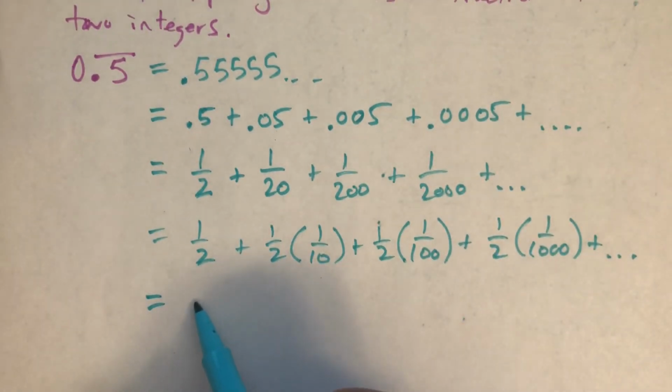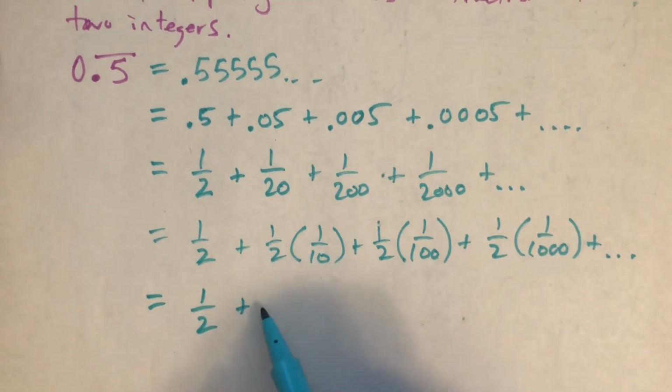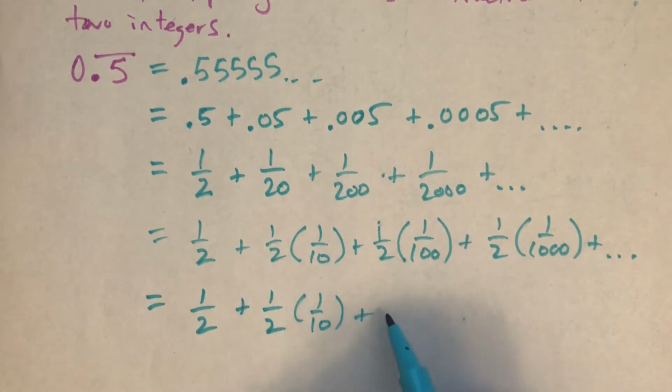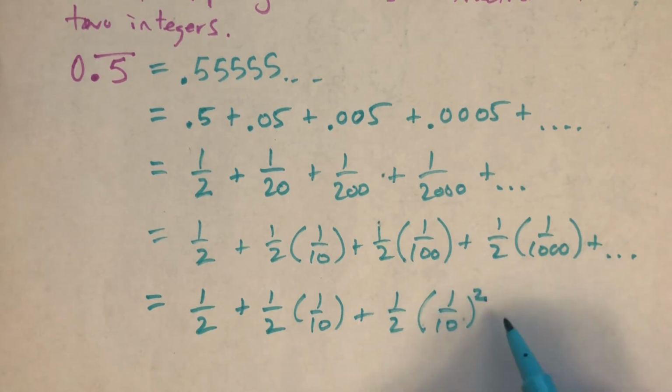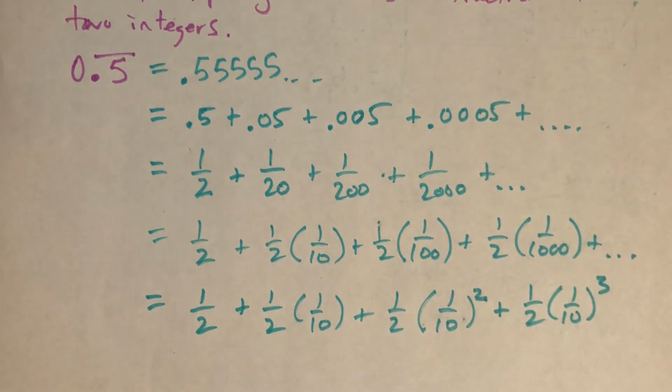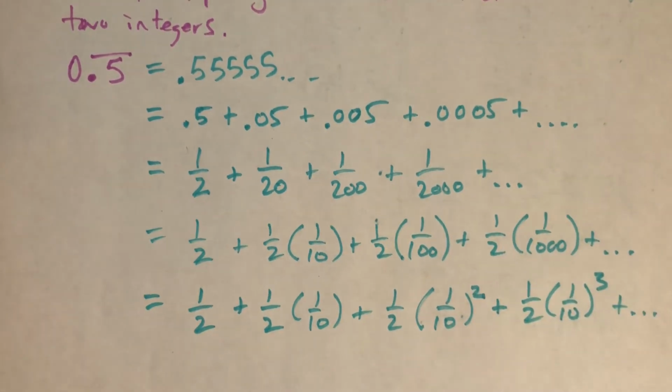So this is 1/2, then 1/2 times 1/10, plus 1/2 times 1 over 10 squared, plus 1/2 times 1 over 10 to the third, and so on.